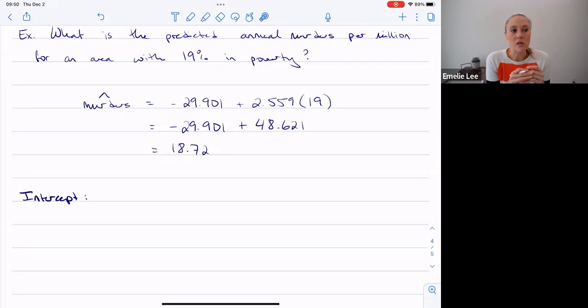That is the predicted annual murders per million if the percentage in poverty is 0. That's not meaningful because there will never be 0% in poverty, unfortunately. That's never going to happen. We hope for it to happen, but we don't expect it to happen.